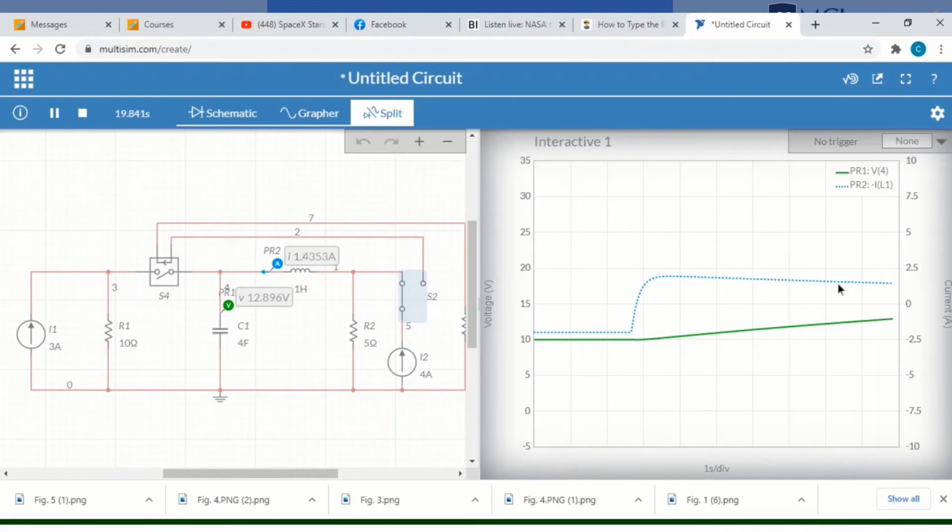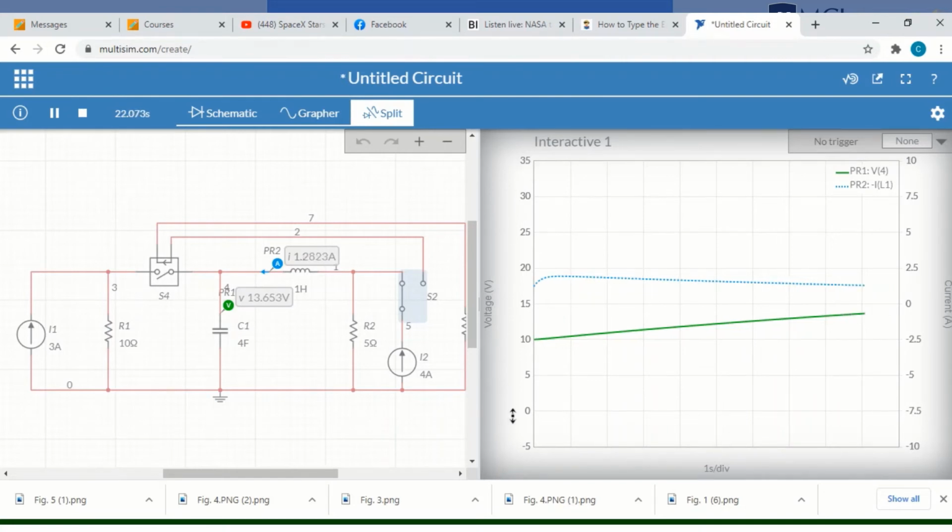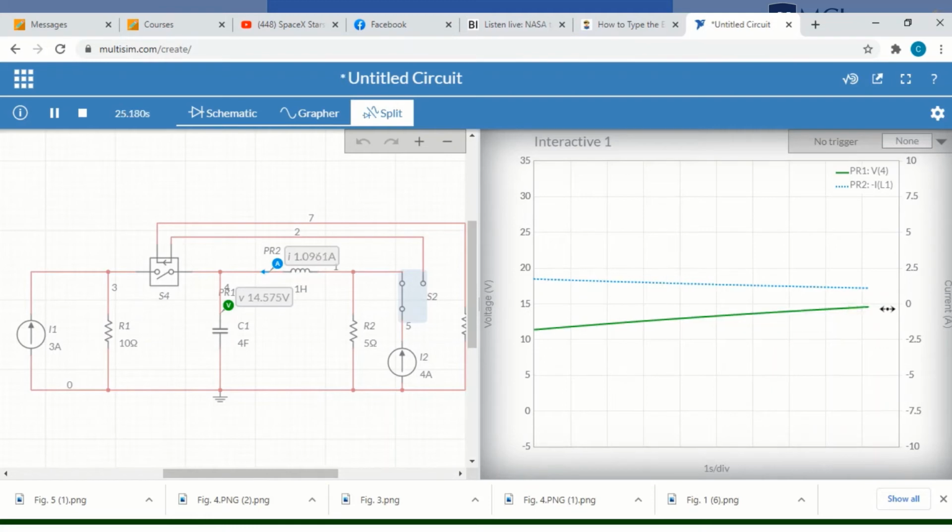So therefore, this curve here should go to zero amperes. The scale for the current is on the right, while the scale for the voltage is on the left. So this curve, colored blue, represents where the current to the inductor will approach zero, while the voltage will approach 20 volts.